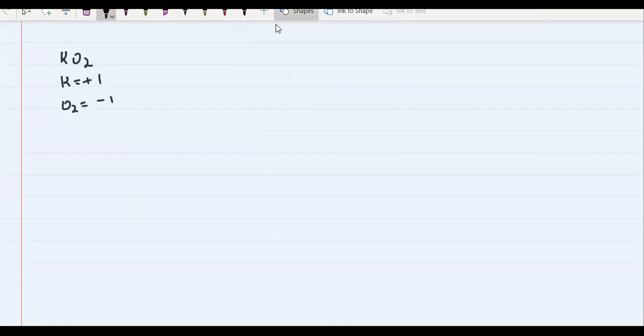This is your superoxide, because each O will have a charge of -1/2, which we have already studied. Not peroxide, sorry, superoxide. Its structure is an ionic compound, K+ O2-.